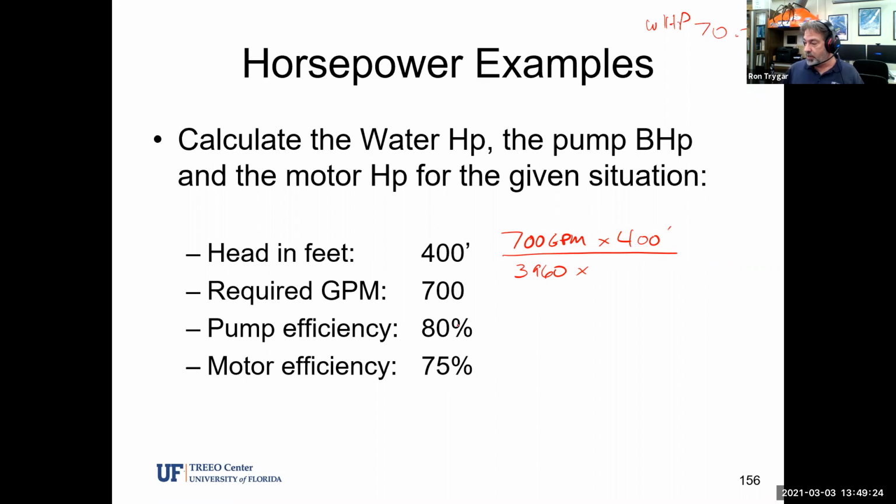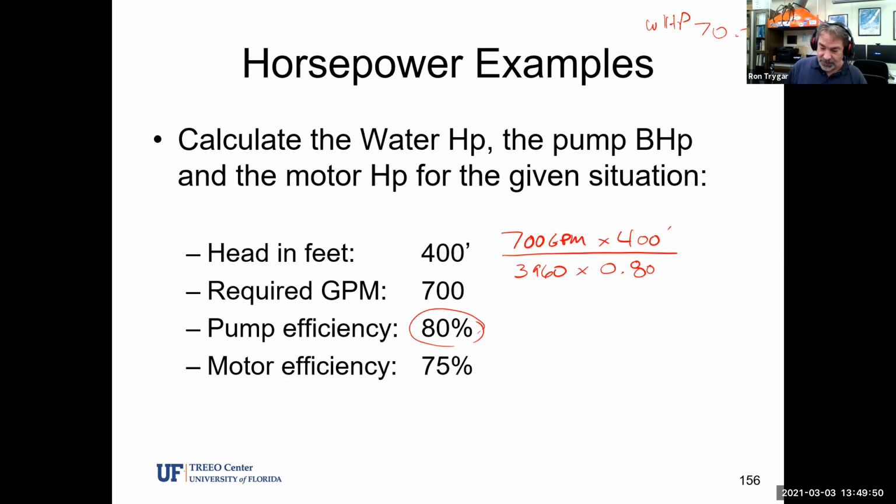Here the pump efficiency is showing 80%. Remember that 80% needs to be converted to a decimal. So it will be 80 divided by 100, which gives me 0.8. So it's going to be written up here as 3960 times 0.80. That's the equivalent of 80%. So go back to our calculation.